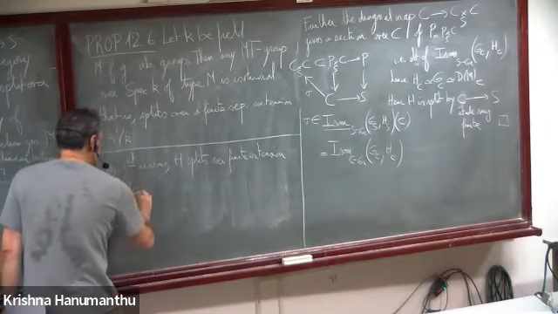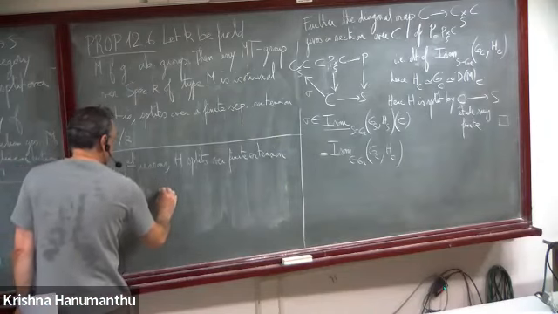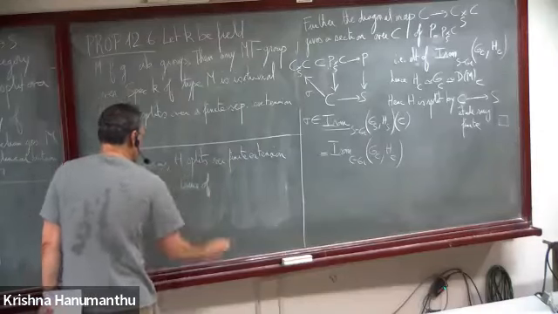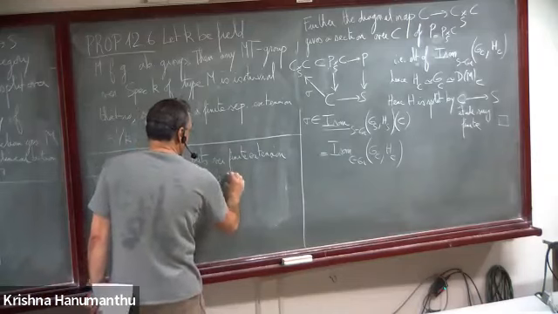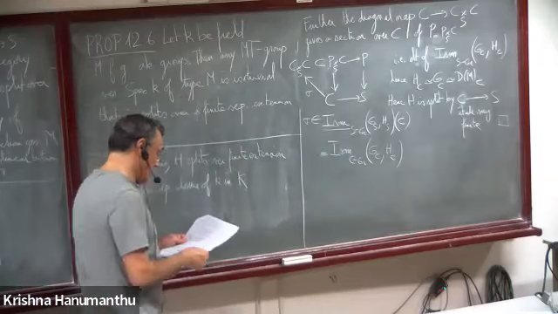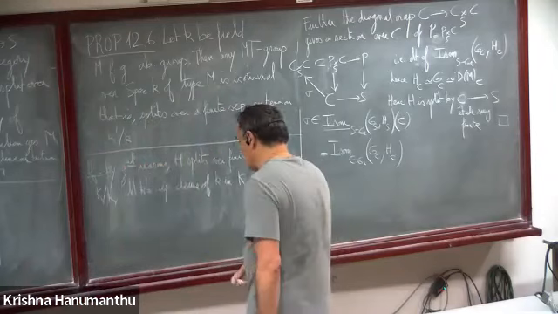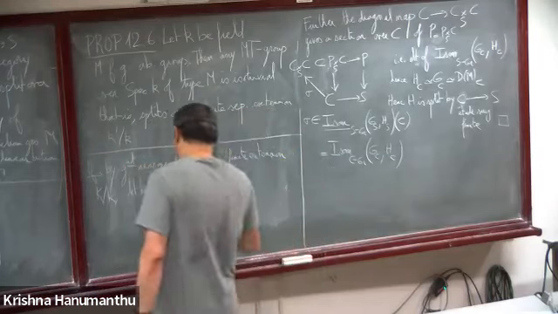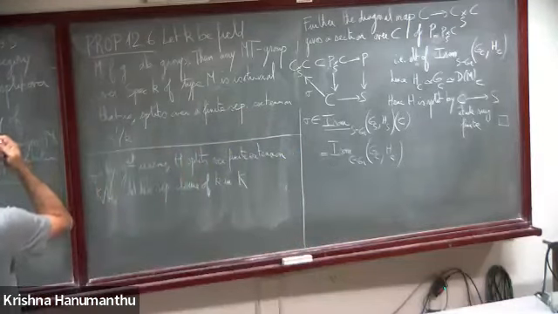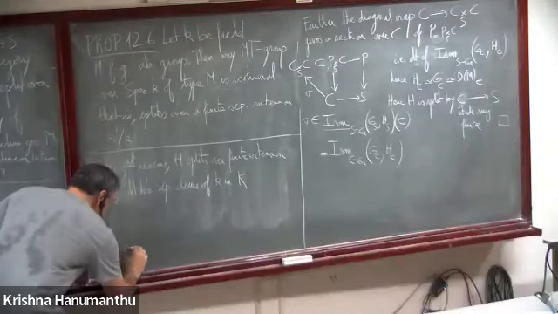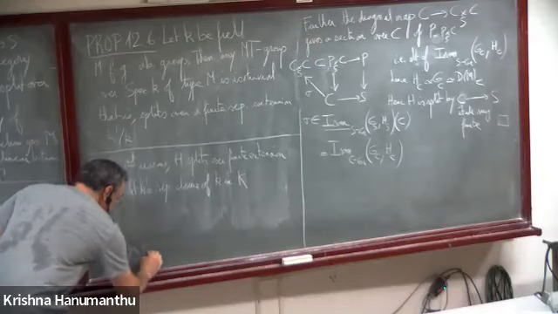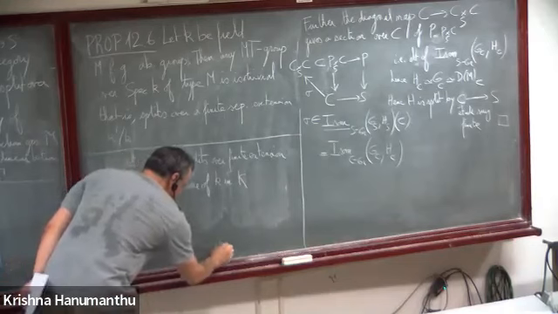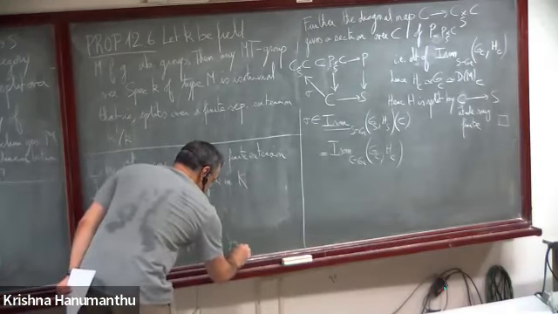And we consider K' is a separable closure of K. And so we have the following picture. So here we have Spec K' going to Spec K.